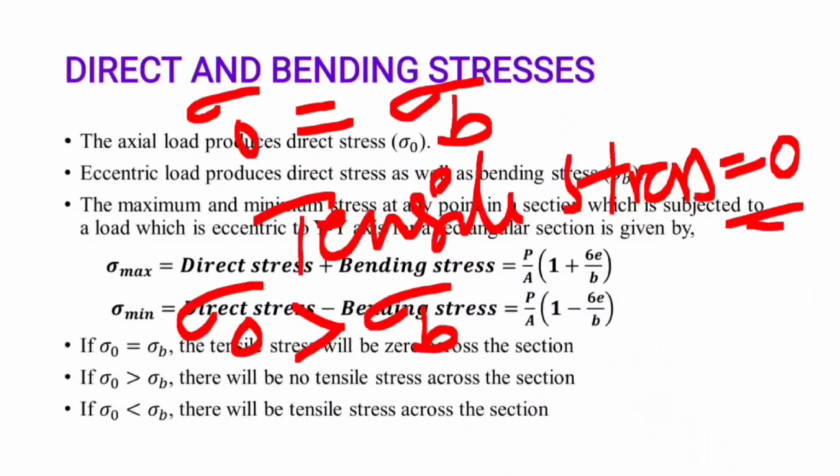If sigma naught is less than sigma b, then there will be a tensile stress across the section. Please remember these three cases.